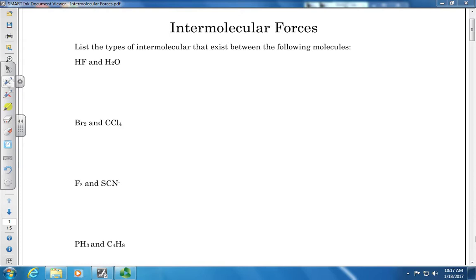We've got HF and H2O. HF is a polar molecule, as is H2O. We can even draw these out. Hydrogen fluoride. Fluorine is very electronegative. So our dipole moment would be toward fluorine.